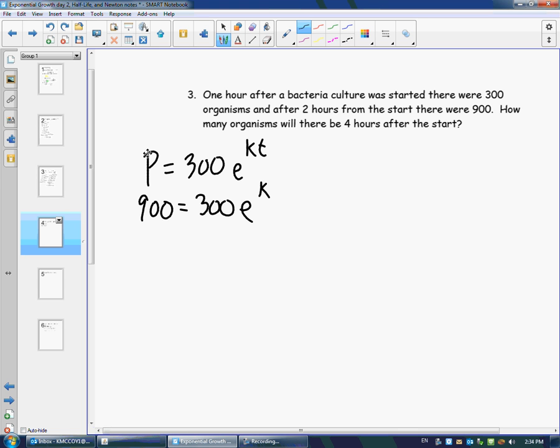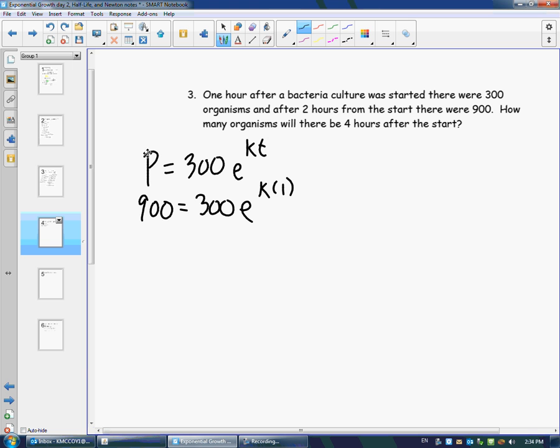Well, the 300 was 1 hour after we started. The 900 is 2 hours after we started. So really the 900 is only 1 hour from the time that it was 300. So t is 1. It took 1 hour to get from 300 to 900. That's the difference in your times. That's what you have to plug in there.